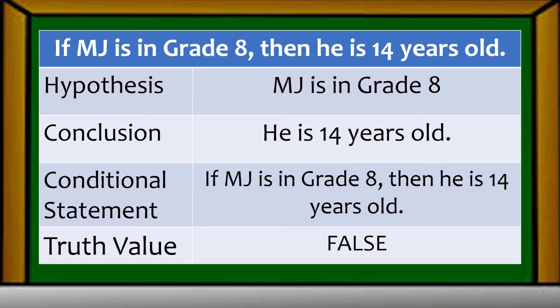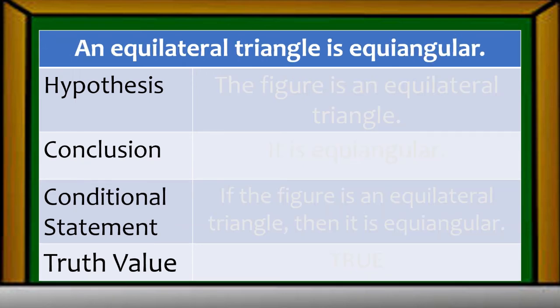So let's begin by giving you instructions to our next activity. I want you to listen to our instruction. The instruction says, change the statement to if-then, or conditional statements. Identify the hypothesis and the conclusion.